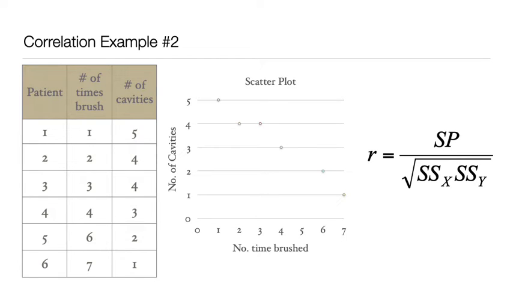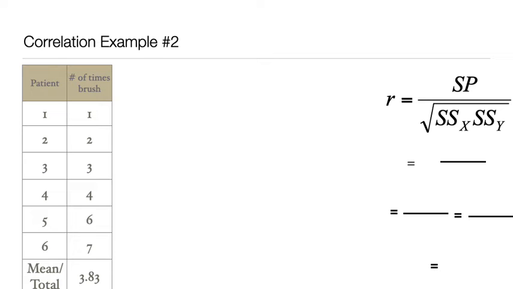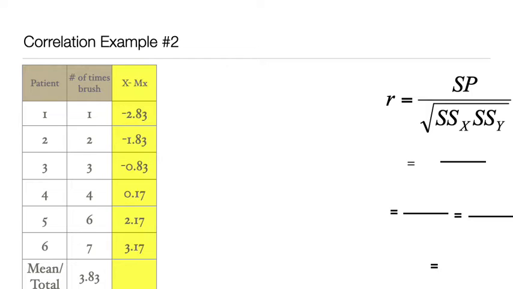So let's go ahead and play with these values. We have the number of times we brush our teeth. If we calculate the mean for those values, we get a mean of 3.83. When we look at the score minus its mean, this is the same thing we've been doing all along with our sums of squared: first, calculating those deviation scores.